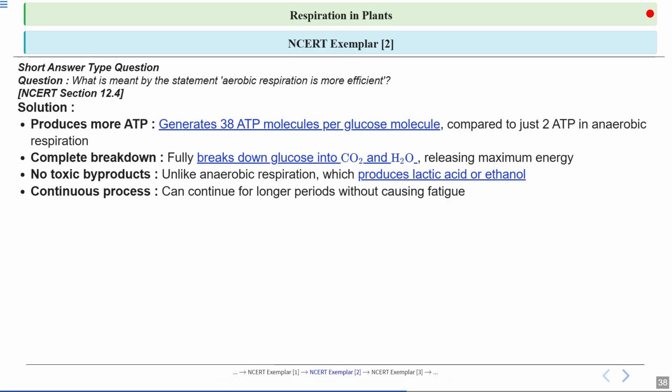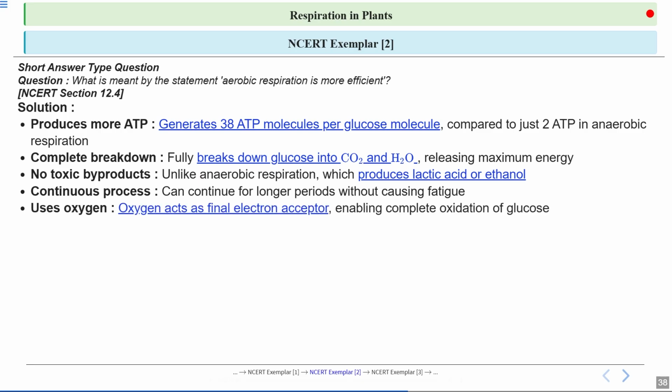Next, aerobic respiration is a continuous process. It can keep going for long periods without causing fatigue because it doesn't produce harmful byproducts. Another important point is that aerobic respiration uses oxygen as the final electron acceptor, and this allows complete oxidation of glucose, ensuring that all the energy is extracted.